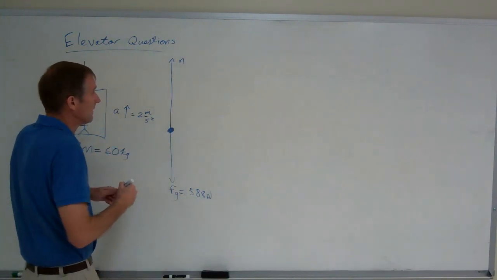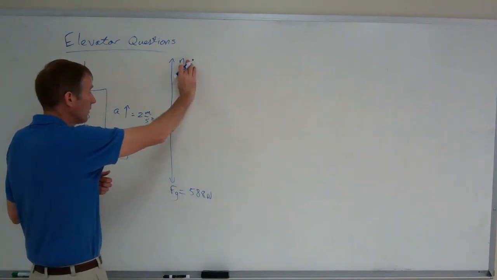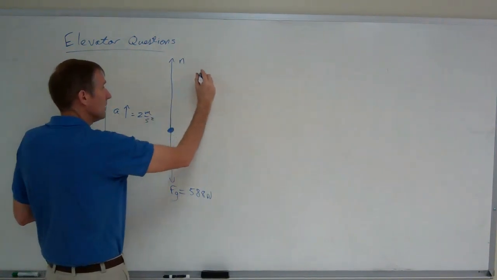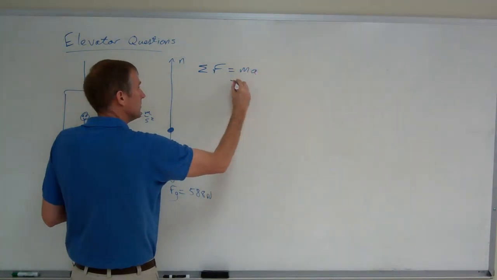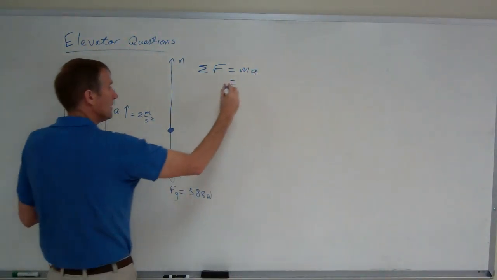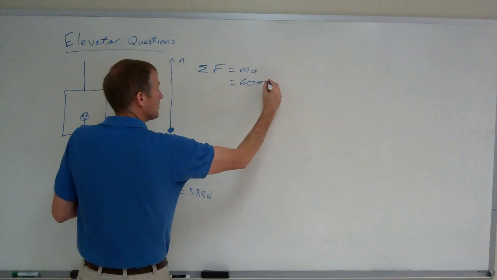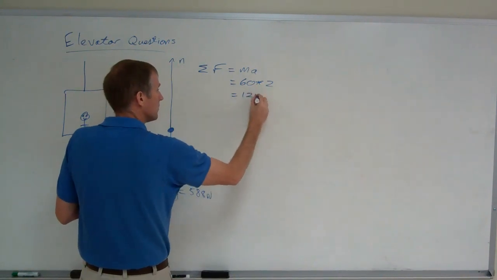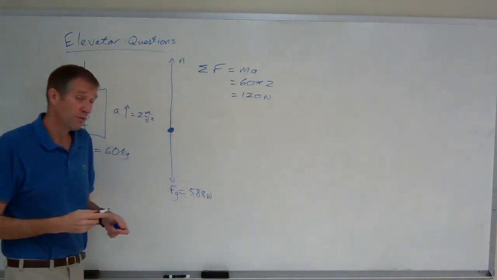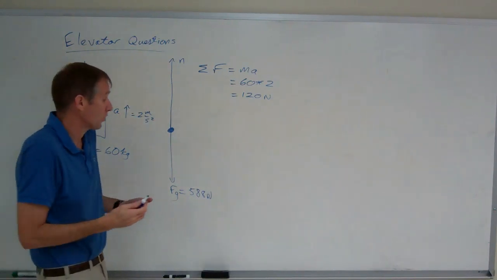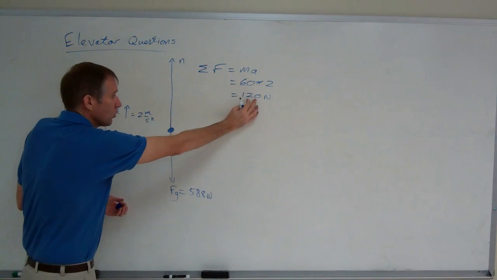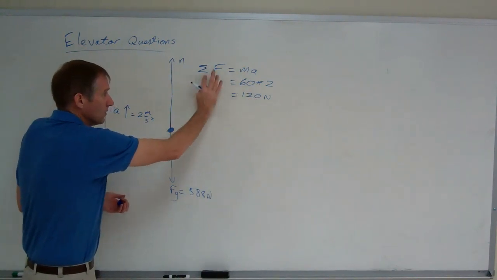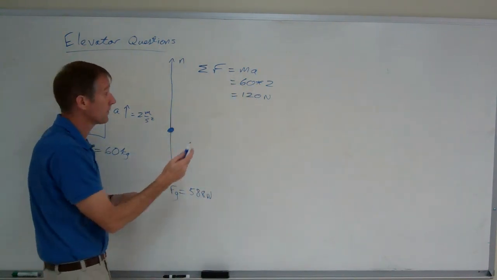To calculate the value of the normal force, given that acceleration, net force equals mass times acceleration. Your mass is 60. 60 times 2 equals 120 newtons. That's not the normal force. That's the difference between the normal force and the weight. And since it's upwards, the normal force is 120 newtons greater than your weight.